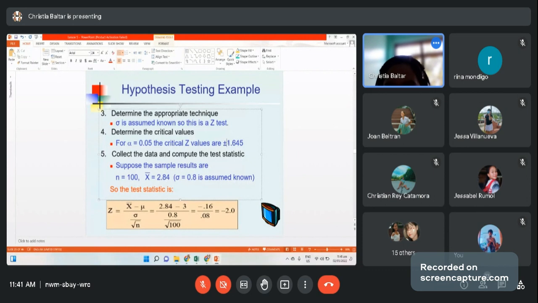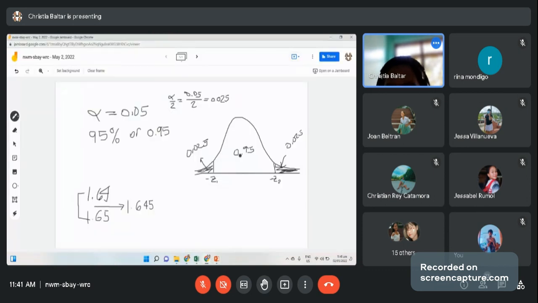So what is this, 1.645? That's actually the critical value. Okay, this is 0.025.